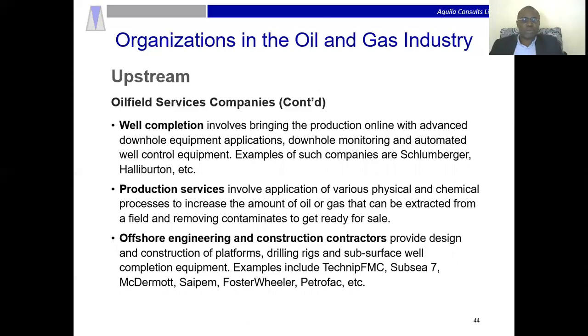So examples of companies in well completion will be Schlumberger and Halliburton. Then you also have production service companies who apply various physical and chemical processes to increase the amount of oil and gas that can be extracted from a field, and also to remove contaminants to get it ready for sale.